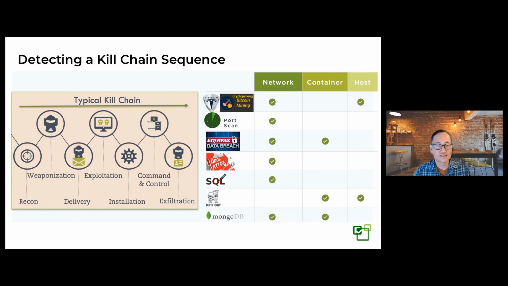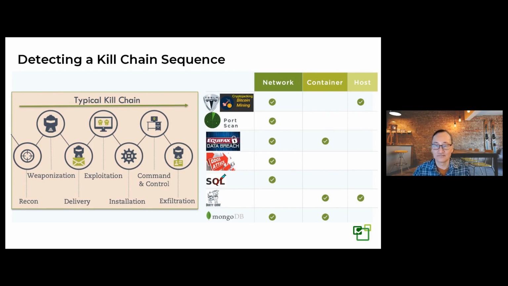So there's a series of events, and we have an opportunity to detect that activity at many points in the kill chain. As I've mentioned, the network is the most critical part of the kill chain to make sure that you have visibility and protections in your container environment, because the attackers will use the network to get in, to expand, and to get out.